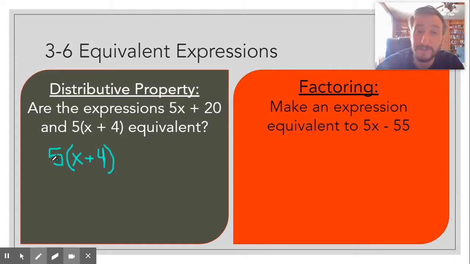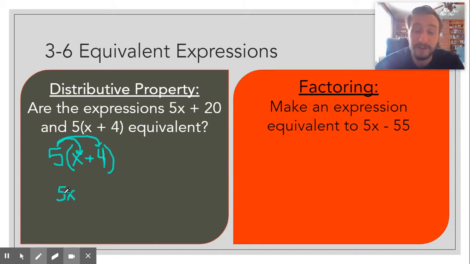That's what the distributive property says, and it's true because I can take this 5, multiply it by this x, and take this 5 and multiply it by the 4, and it rearranges the expression, but it's the same thing. 5 times x, right? 5 times x, when you multiply them together, since we don't have a value for x, just means that it's 5x.